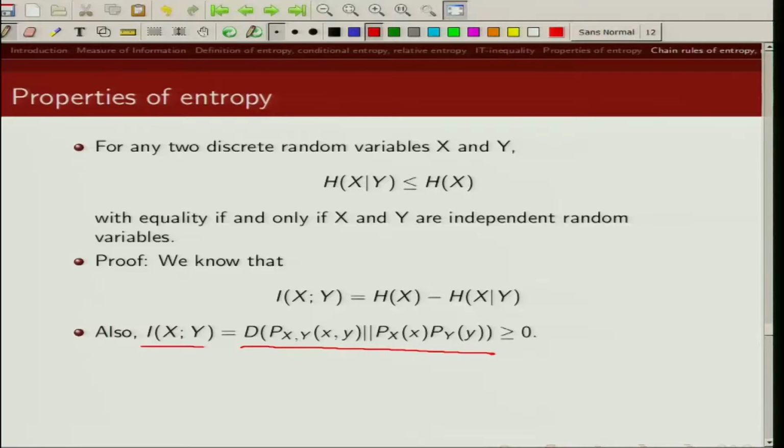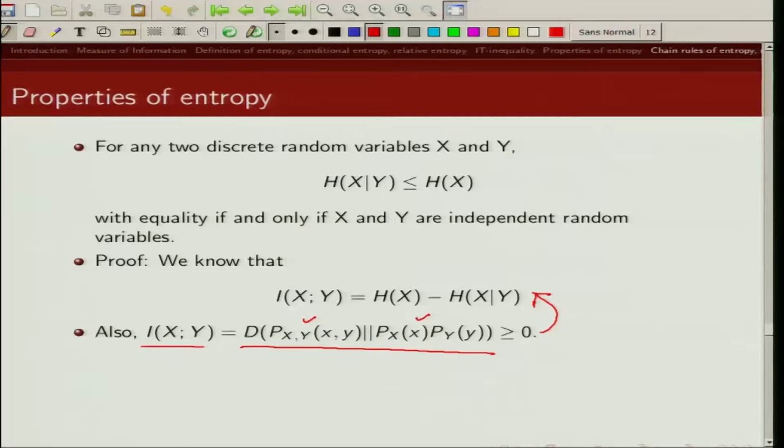So using those results, mutual information is also greater than or equal to 0. Now we plug that in here, and we have proved that h of x is greater than or equal to h of x given y.